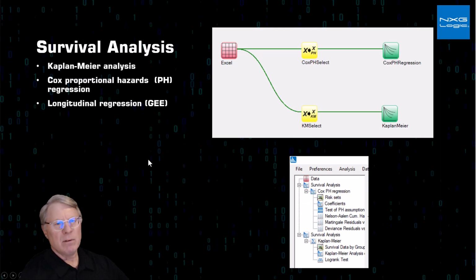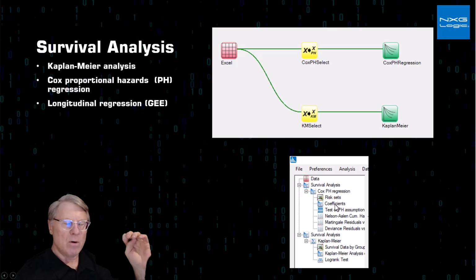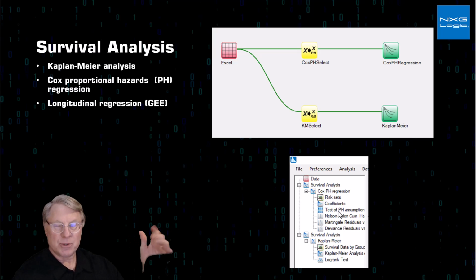For survival analysis, one can perform Cox PH or proportional hazards regression and Kaplan-Meier analysis, and then follow up with longitudinal regression for repeated measures. Whenever Cox proportional hazards regression is run, you'll get an Excel icon for the risk sets, the coefficients, and Explorer will test the proportional hazards assumption using the Schoenfeld residuals.